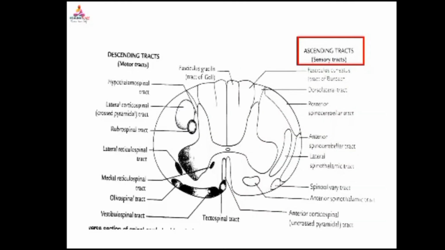See the picture: fasciculus cuneatus, dorsolateral tract, posterior spinocerebellar tract, anterior spinocerebellar tract, lateral spinothalamic tract, and anterior spinothalamic tract, anterior corticospinal tract.